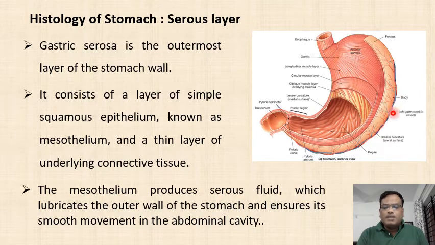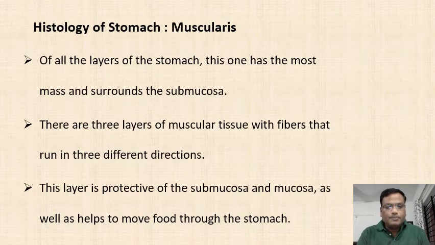And the stomach exists in the abdominal cavity, and since it comes in contact with other organs of the abdominal cavity, this fluid which lubricates the surface helps to maintain the organ without any friction, so easy and smooth movement of the stomach is possible because of this moisture or lubricant layer of the serous, the outer layer I'm talking about.